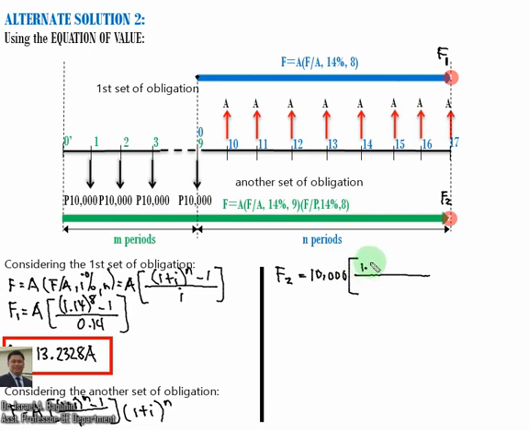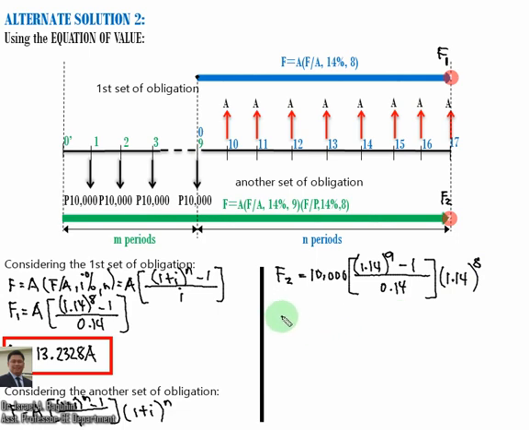So 1.14 raised now to the M. Okay, M is just simply equal to 9. Okay, so this is 9 minus 1 all over 0.14. Okay, and then we multiply this 1 plus I, which is 1.14, and then our N is just equal now to this 8.